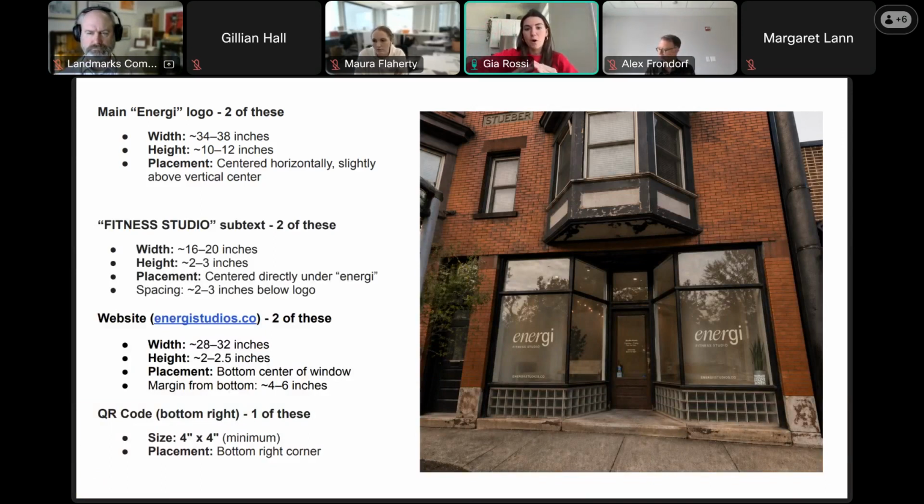Below that will be a small subtext that says fitness studio, between 16 to 20 inches wide and 2 to 3 inches tall. On each of the two lower sides, we'll have energystudios.co, which is the website, and the bottom right will have a little QR code people can scan to sign into class and such. Pretty straightforward.